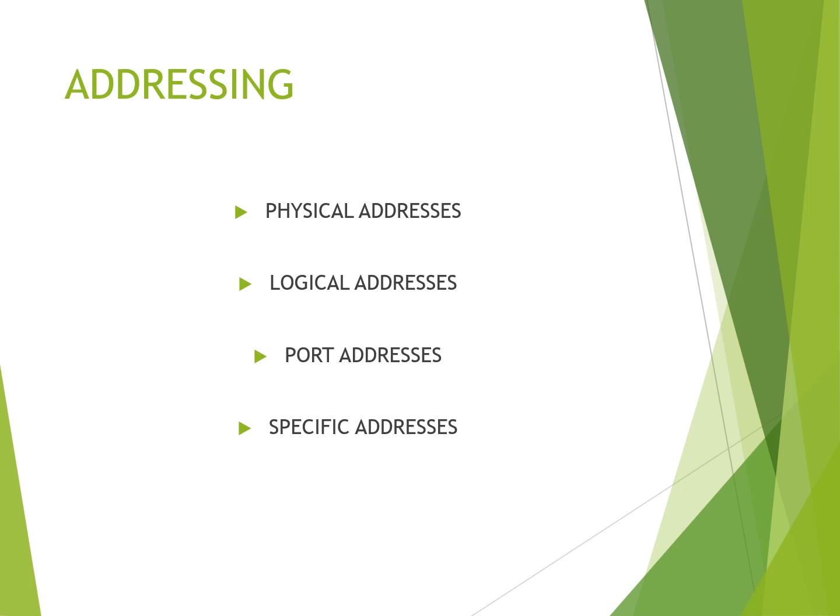The first example defines the recipient of an email, for example xyz@gmail.com, and the next one is www.annauniversity.com. These are two examples used to find a document on the www. The specific address gets changed to the corresponding port and logical address by the station or host which sends it. So this comes under specific address.